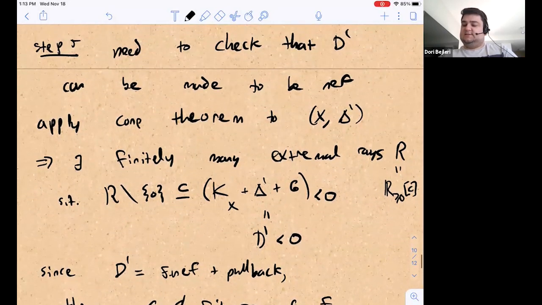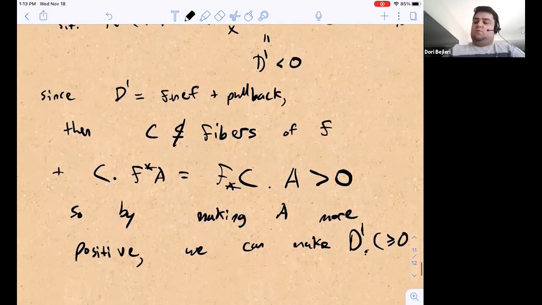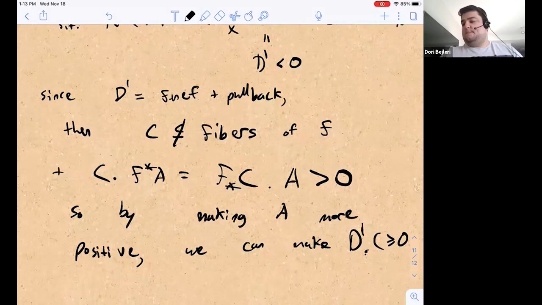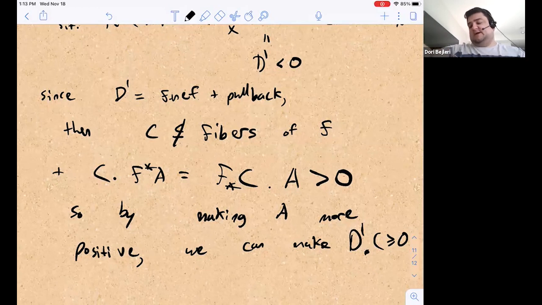So I guess that's important. We have these finitely many curves where D prime could possibly be negative, at most finitely many. But we're only adding multiples of A. So whatever the intersection with D prime is, it's some negative number of the form intersection with D plus the intersection with the A piece. And the D piece is always fixed because D isn't changing. And so if we keep increasing A, eventually we'll make them all non-negative.